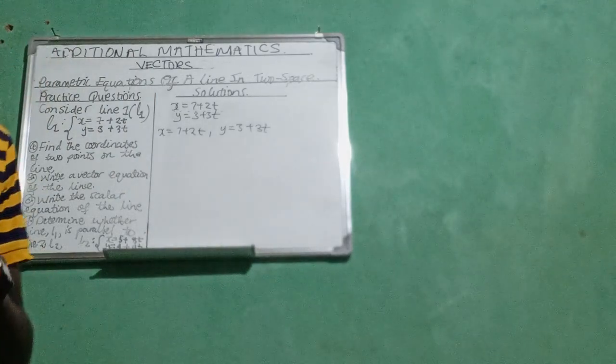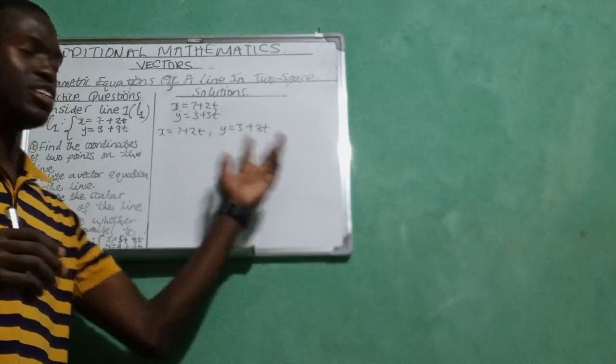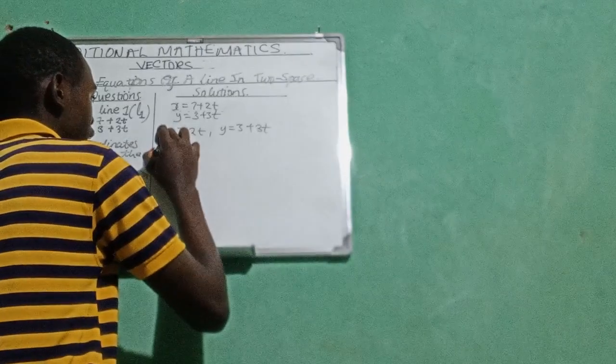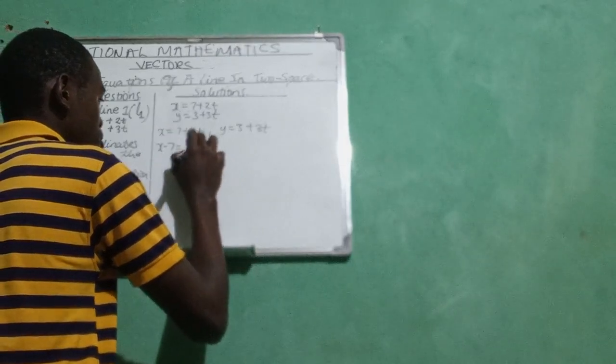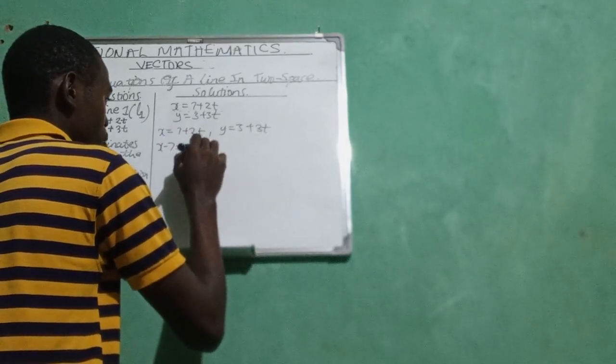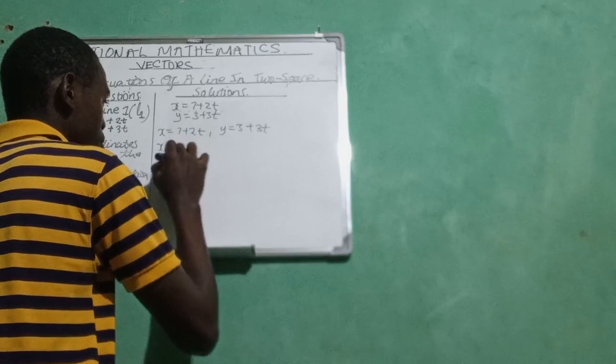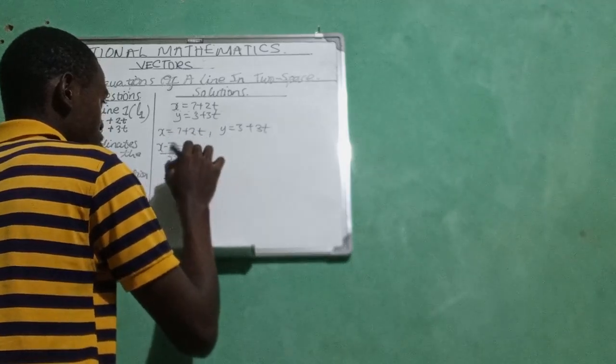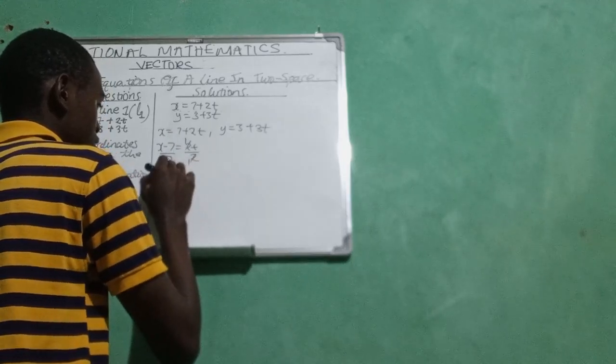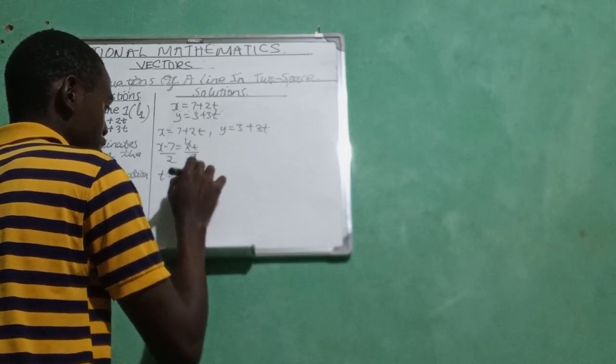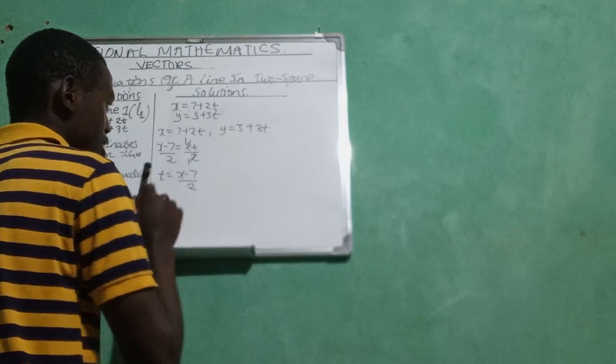Make t the subject in these two equations. So that would be x minus 7 is equal to 2t, then we divide by 2. T is equal to x minus 7 over 2.